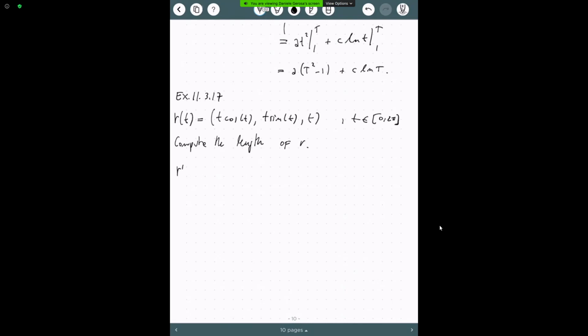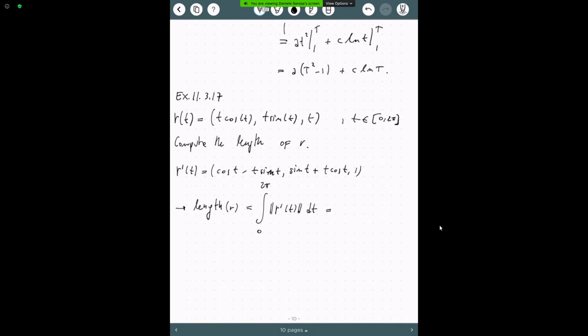So r prime of t is equal to cosine of t minus t sine t, sine t plus t cosine t, and then 1. And then the length of r is equal to the integral between 0 and 2 pi of the norm of this in dt.